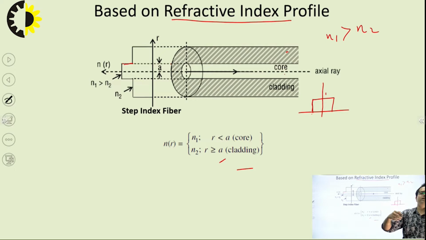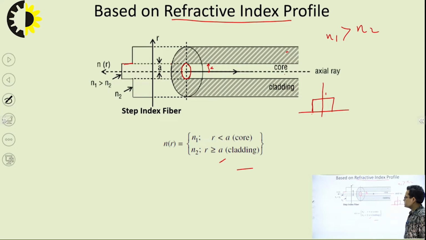As we are talking about refractive index, we have to discuss the variation of the refractive index following the profile of a step function. So this is the core, we already know that, and we have considered A as the radius of this core.